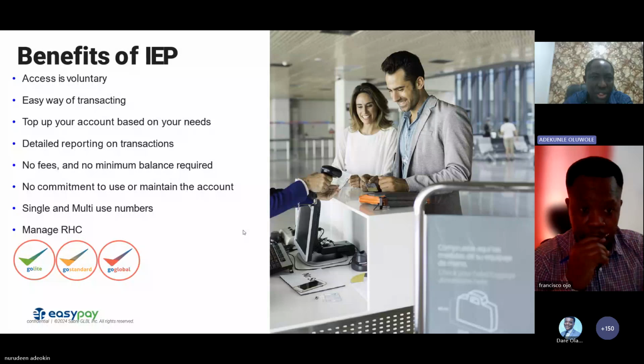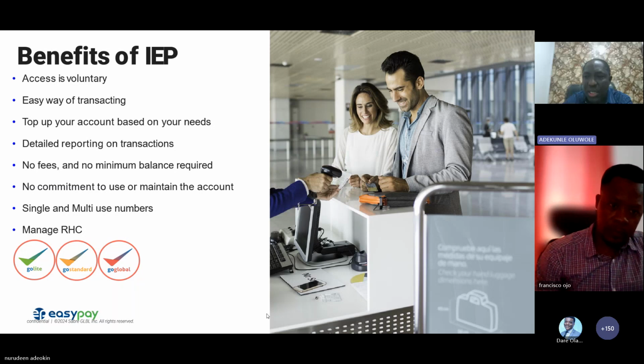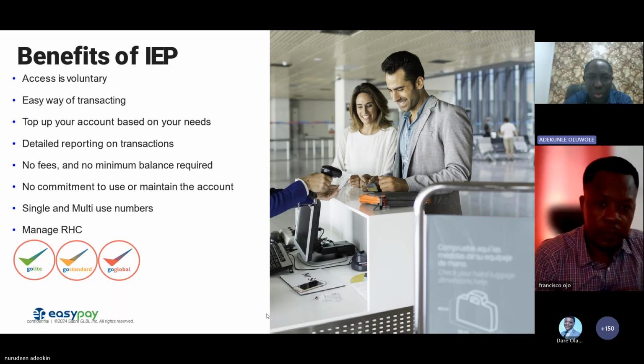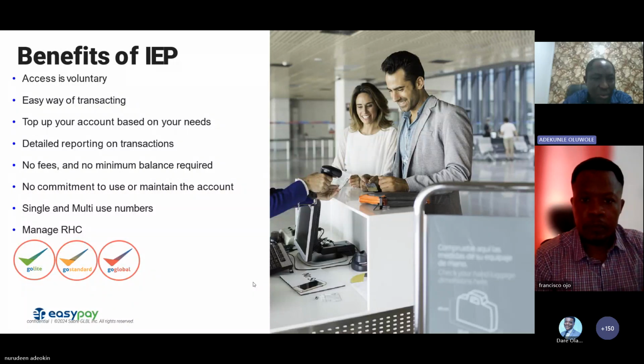Access is voluntary, an easy way to transact, and you top up your account based on your need. There is no specific amount that IATA will give you to transfer or to put in the wallet. Then there is detailed reporting on transactions. You can check the tickets issued per day, per month, and you can filter your reporting from the EasyPay platform.